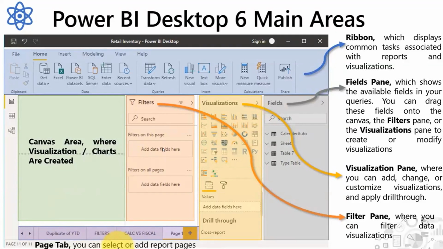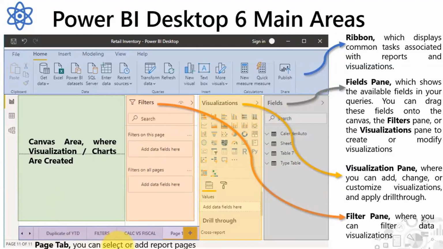These are the important key areas once you open your Power BI Desktop. I'm just coming from down here, where we can start creating the pages. For example, in Excel we see Sheet 1, Sheet 2, Sheet 3, Sheet 4. Like that, in the Power BI Desktop application we call them pages: Page 1, Page 2, Page 3, Page 4.